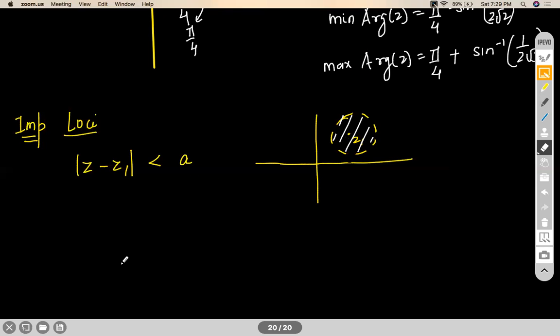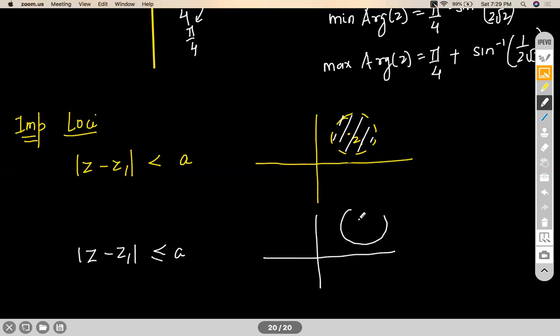If somebody says mod z minus z1 is less than or equal to a, you will be inside the circle having center at z1 and the circle will be a solid line.